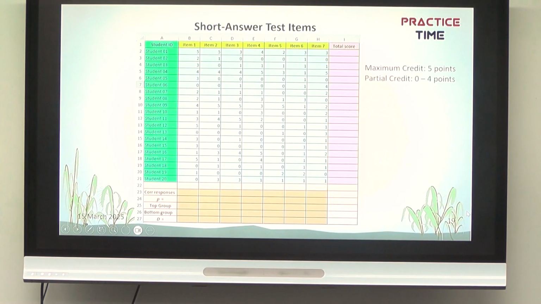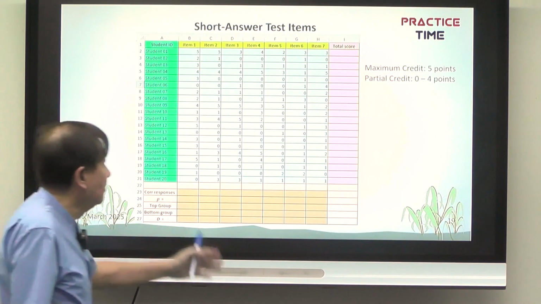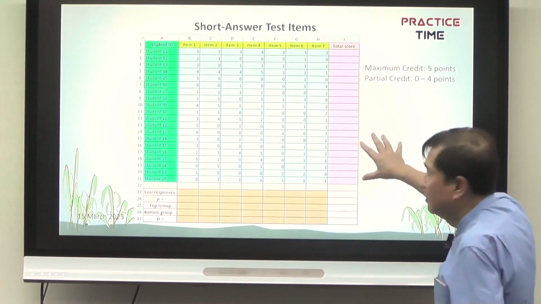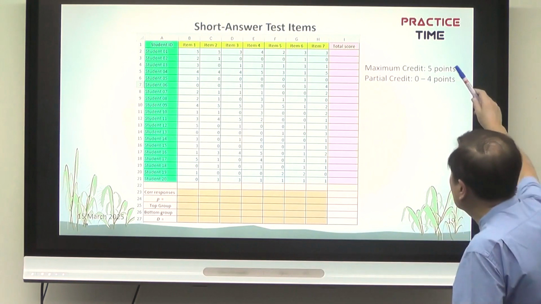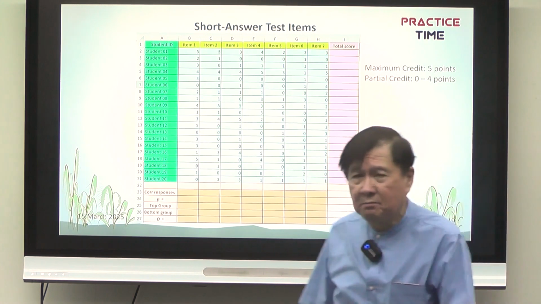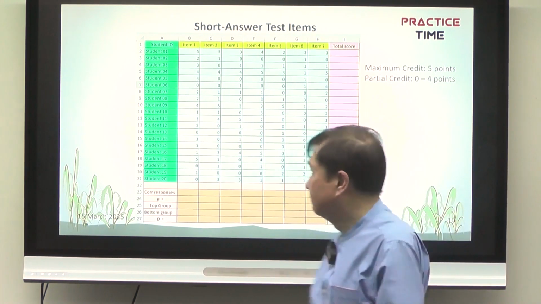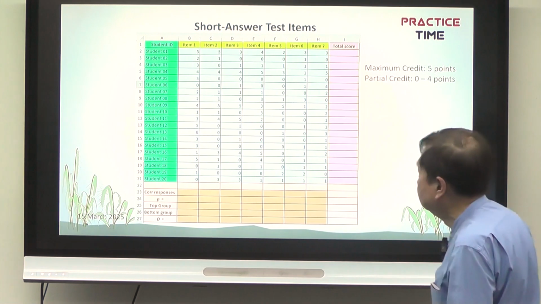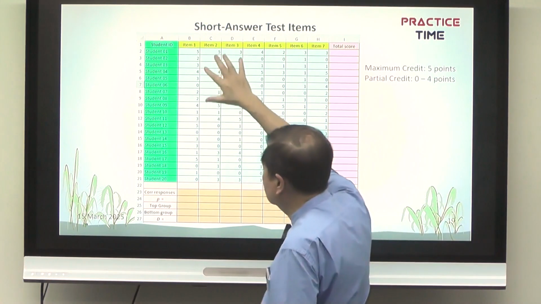Now, again, I've got 20 students here, and these are short answer test items. Again, each test item maximum point is 5. I can give credits from 0 to 4. So these are the scores here.